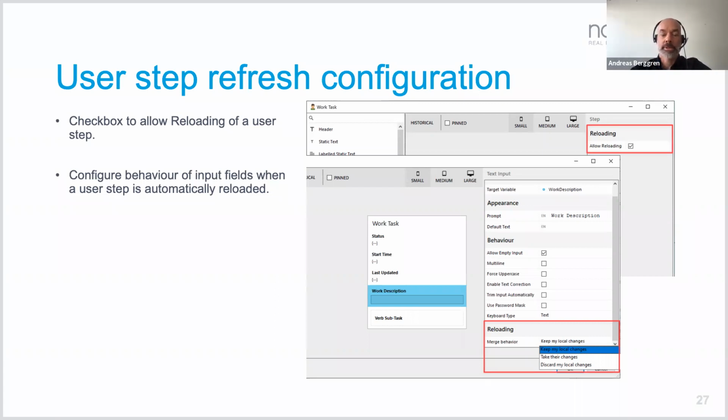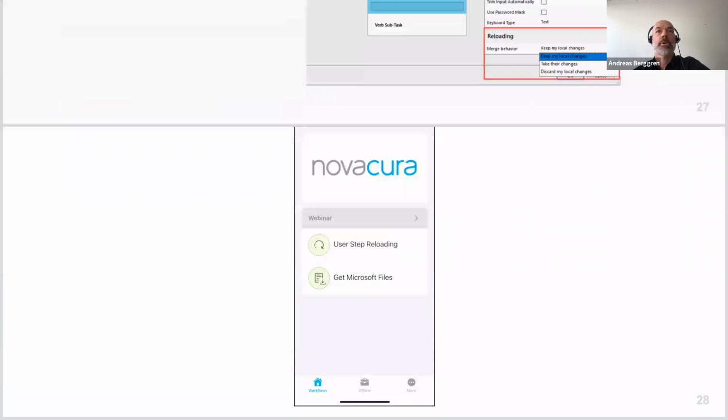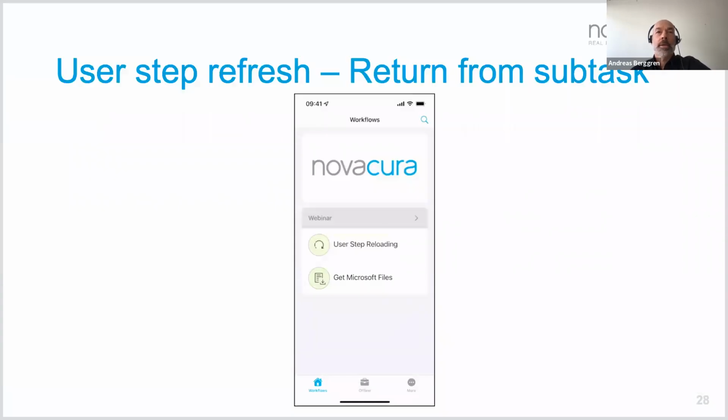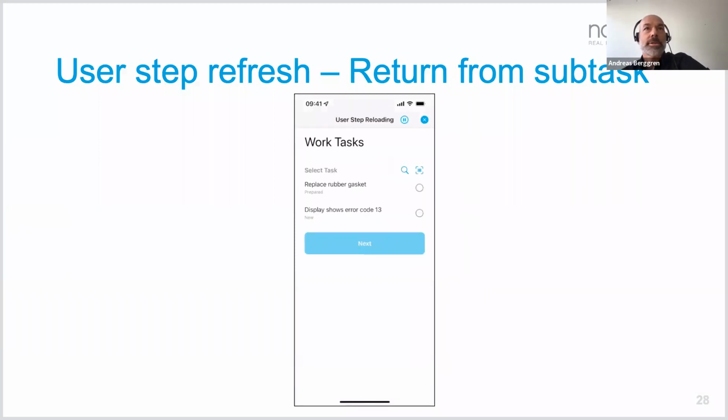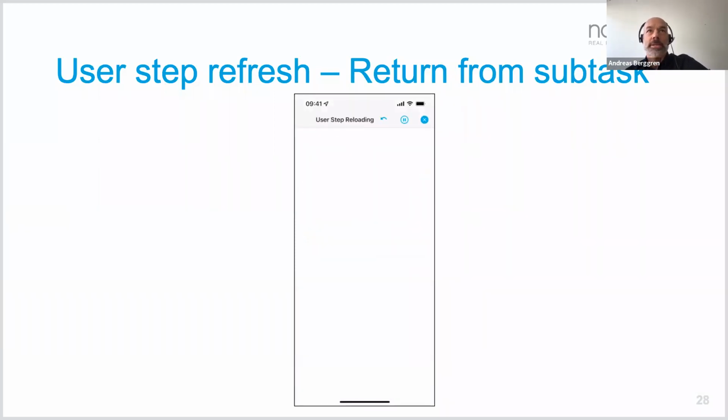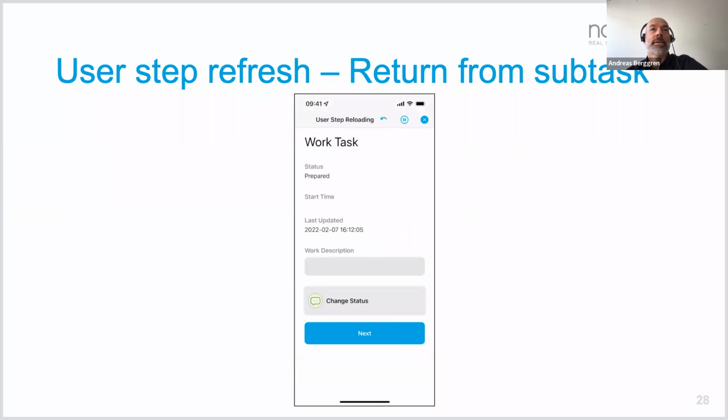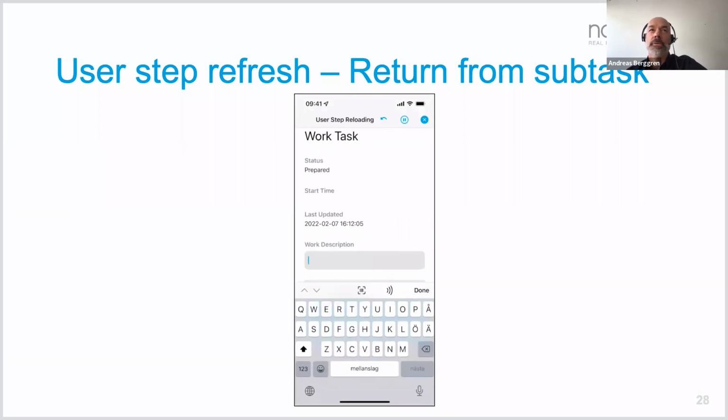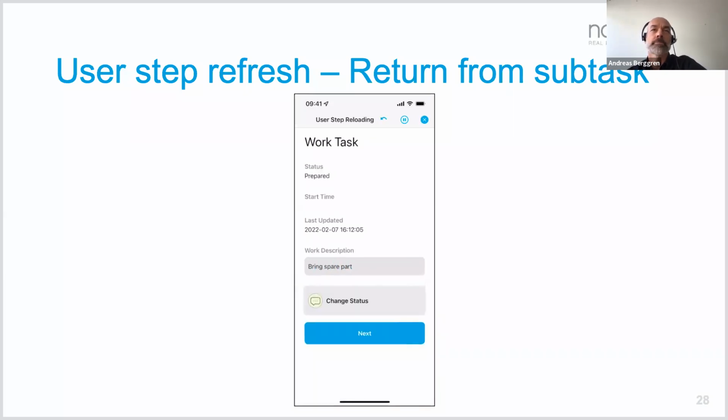So I will show a little demo of that. We start the user step reloading, we select the work task, and then we have a manual input for the work description. So we enter information there. And then we have the status prepared, no start time, and the last updated set.